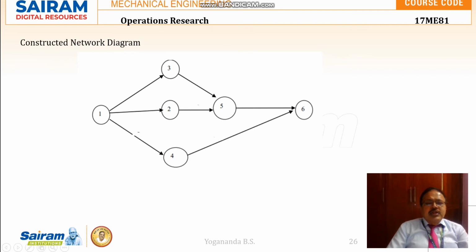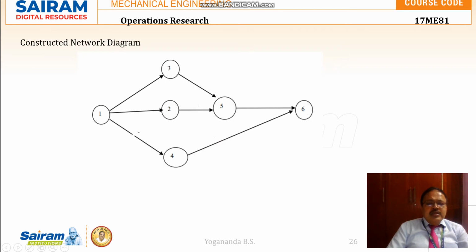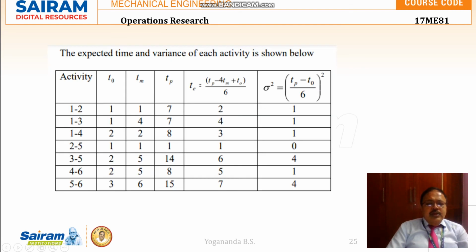So this is the network diagram constructed for the given activities 1 to 2, 1 to 3, 1 to 4. That means all these three activities 1 to 2, 1 to 3 and 1 to 4 will start simultaneously. Then 2 to 5, 3 to 5.